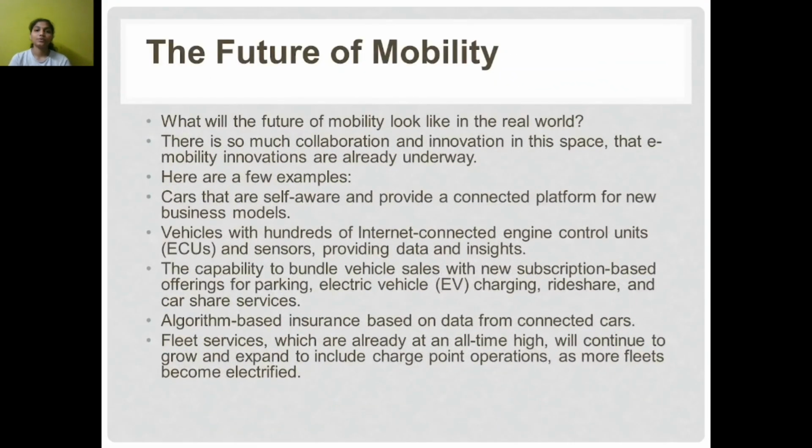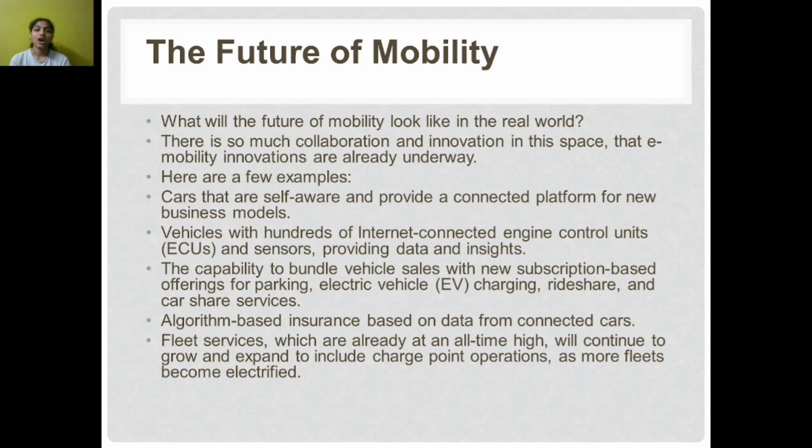The future of mobility. What will the future of mobility look like in the real world? There is so much collaboration and innovation in this space. The e-mobility innovations are already underway. Here are few examples. Cars that are self-aware and provide a connected platform for new business models.